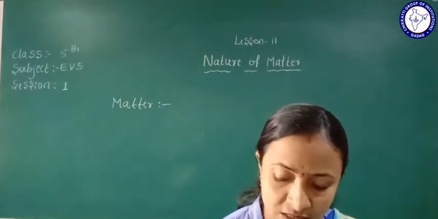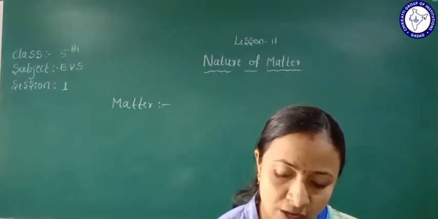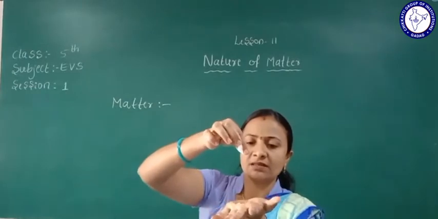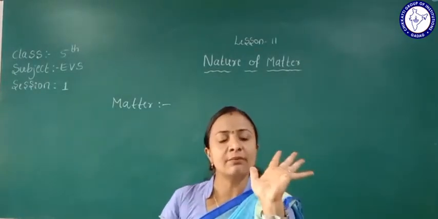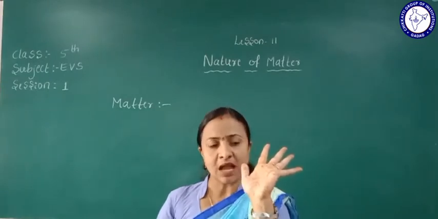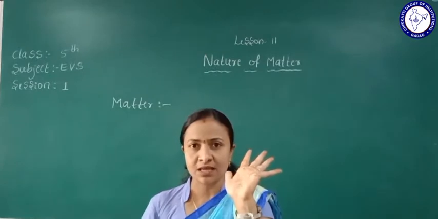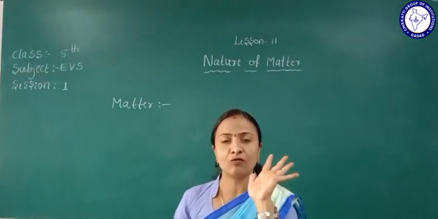See here students, I dipped a chalk here, this is chalk powder, and I sprinkle it here. You can see minute particles in the chalk pieces. We can observe them clearly with the help of the convex lens.